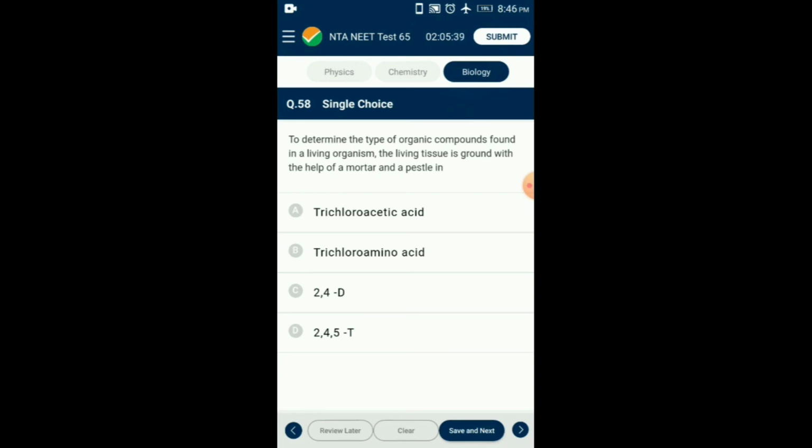The slurry thus obtained is filtered to obtain the acid soluble pool, which passes through the filter, and the acid insoluble pool, which is retained. The acid soluble pool contains the micromolecules and the acid insoluble pool contains the macromolecules. 2,4-D and 2,4,5-T are auxin based pesticides. So the answer for this question is option A, trichloroacetic acid.